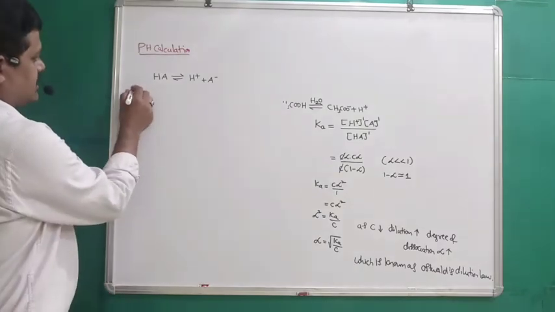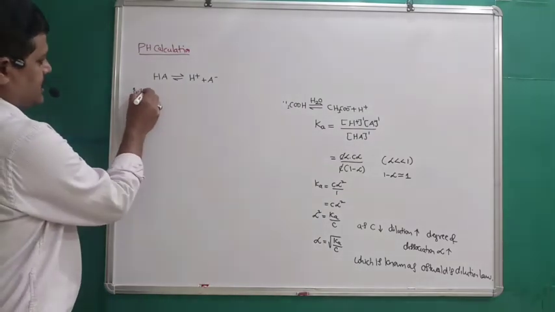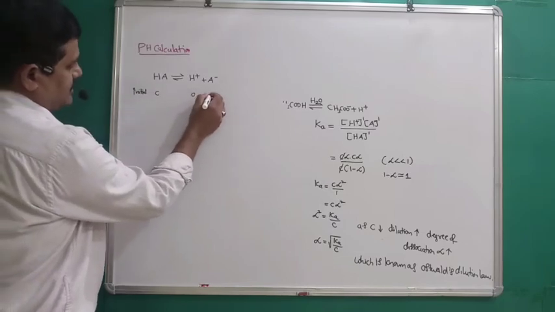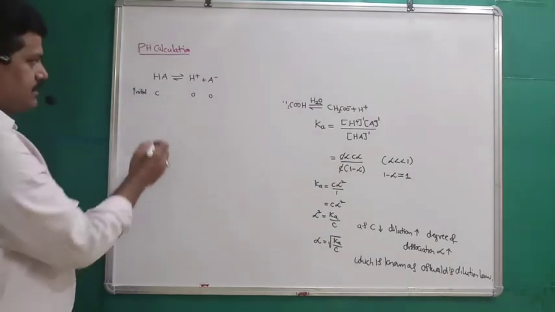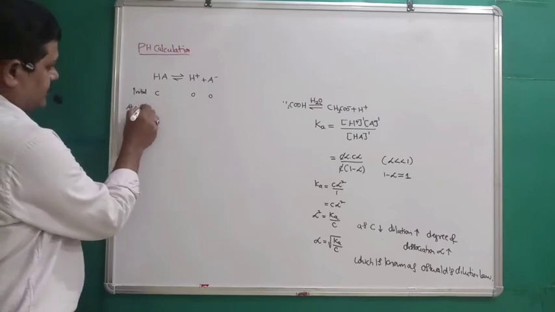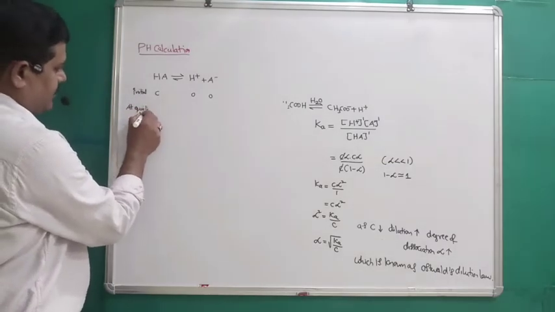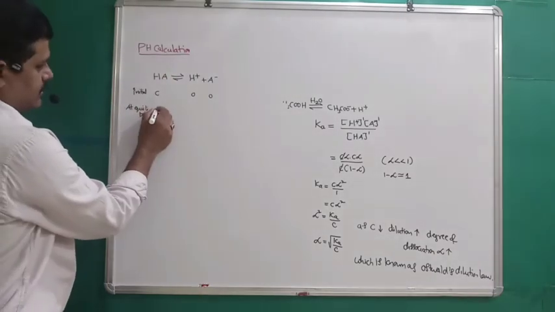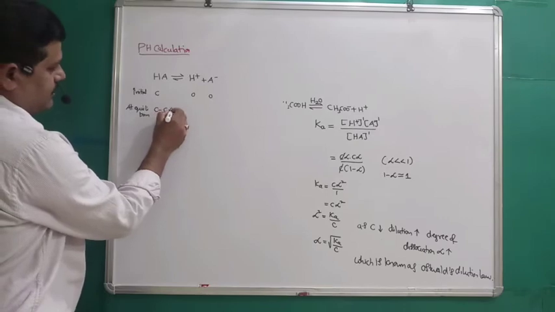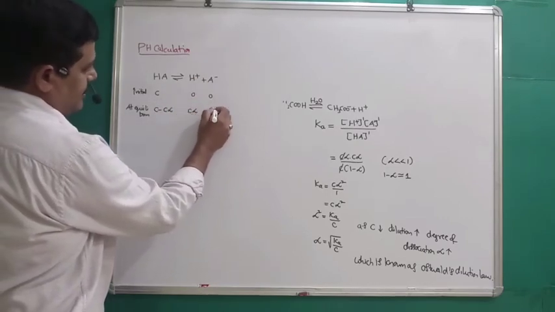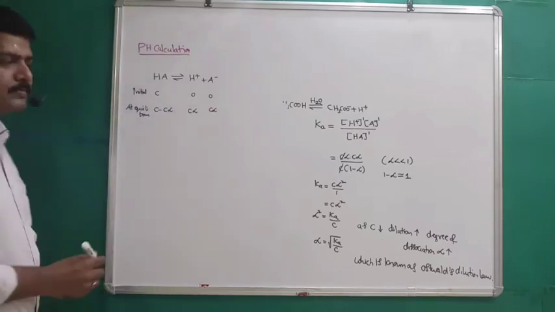Initial concentration of HA is C, for H plus it is 0, and A minus also 0. At equilibrium condition, the concentration of HA is C minus C alpha, H plus is C alpha, and A minus is C alpha, right?